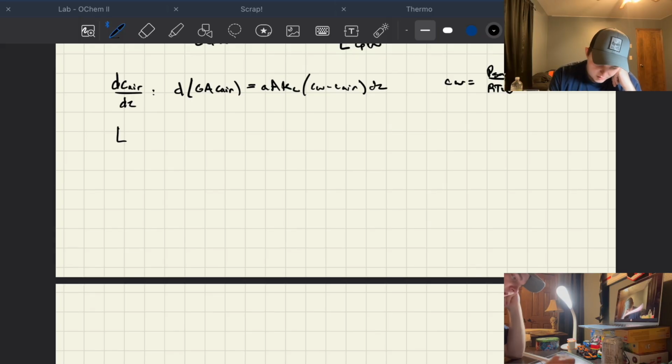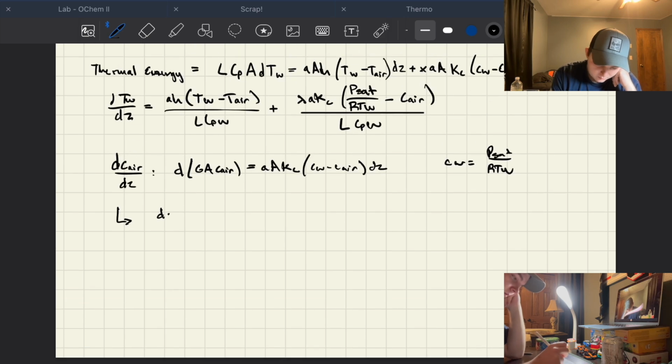And then that can just be rewritten as our differential C air over dz is going to be equal to a over G KC our PSAT RTW.